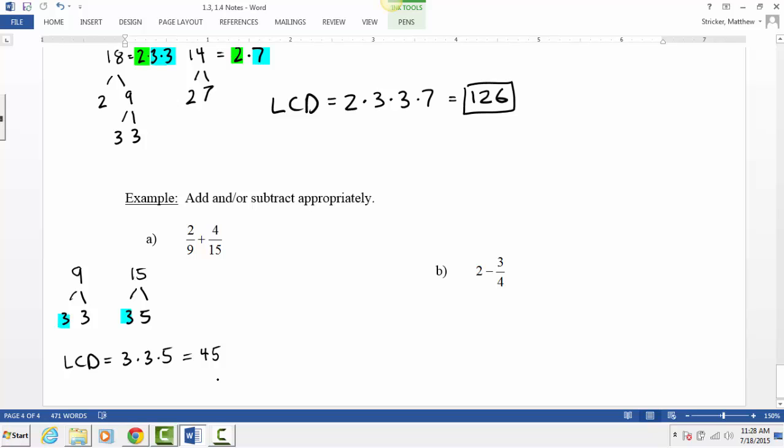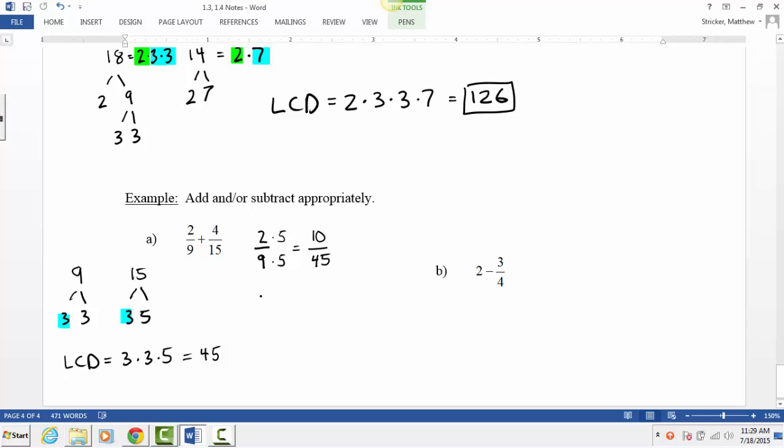So if I look at 2 9ths plus 4 15ths, those denominators both need to be 45. So we're going to ask ourselves, what do I need to multiply the 9 by, and what do I need to multiply the 15 by to get 45? I'm going to take my 2 9ths, and notice that to get 45 I need to multiply this by 5, which means I also need to multiply the top by 5. 2 times 5 is 10, 9 times 5 is 45.